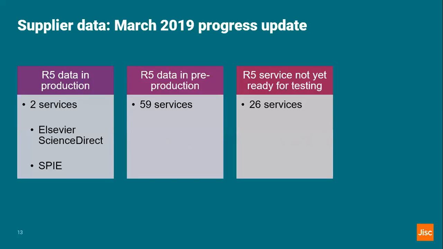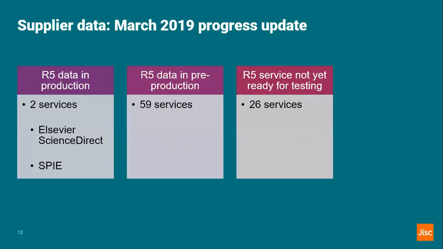There are a number in that column that we are hoping to move over into the production column fairly imminently. So over the course of the next month, we would hope to see that column on the left-hand side populated with a greater number. Over on the right-hand side of the screen, we've got around 26 services where we don't currently have enough information for testing.